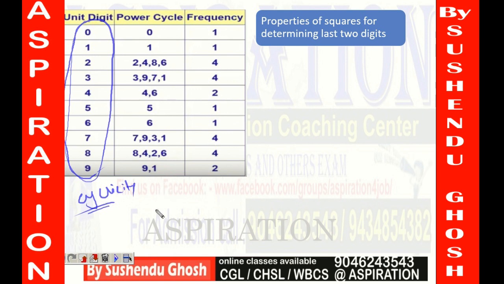Depending upon the unit digit in the base number, we perform the cyclicity. Frequency means cyclicity. This is required whenever you are trying to find the unit digit of any number. For that you have to keep in mind what is present in the base number. So these numbers can be present in the base number.